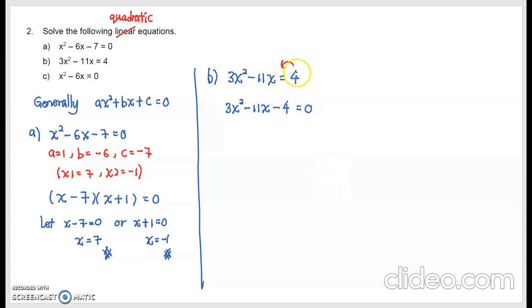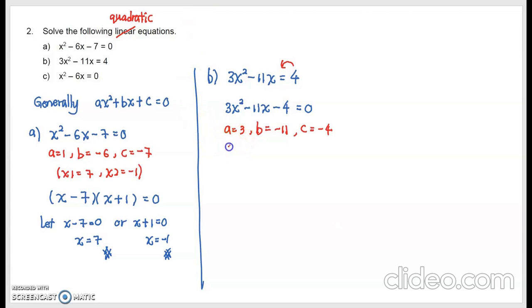If here is positive 4, when I move to the left hand side, it will become negative 4. Again, A is equal to 3, B is equal to negative 11, C is equal to negative 4. By using your calculator, A is 3, B is negative 11, C is negative 4.